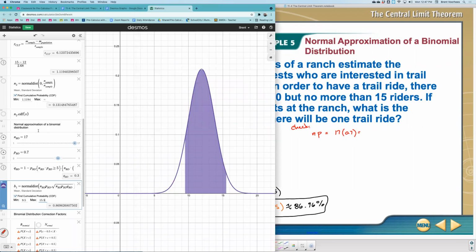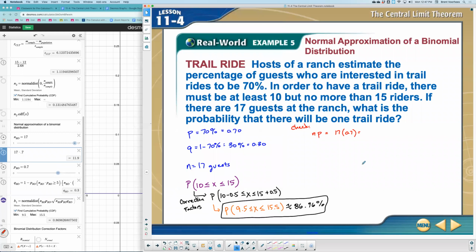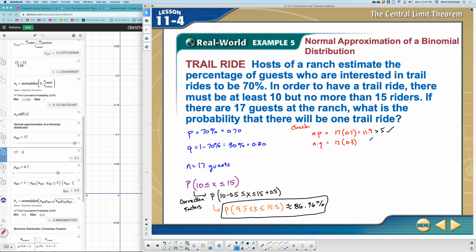So when I check this out, 17 times 0.7 is 11.9. So that was good, which is greater than 5. And you would also check n times q, which this one's going to be a smaller number. Let's see what 17 times 0.3 is. Oh, 5.1, barely made it.